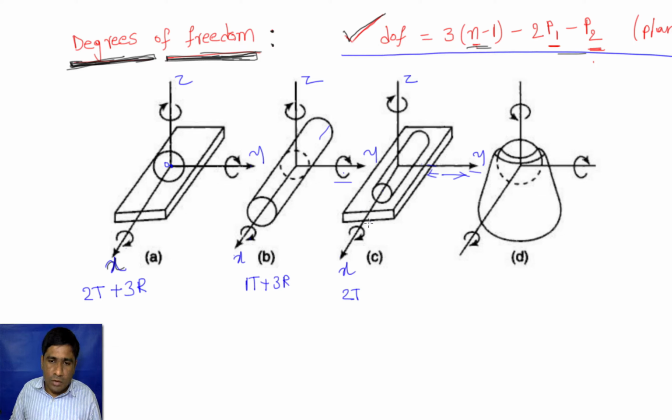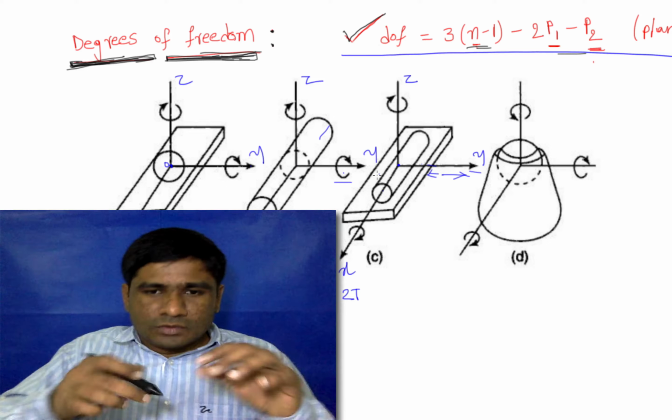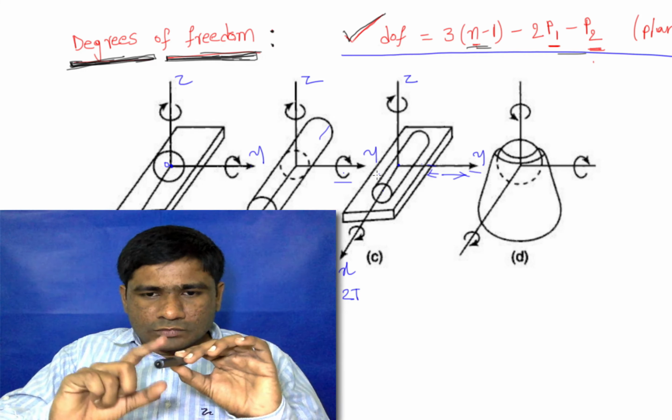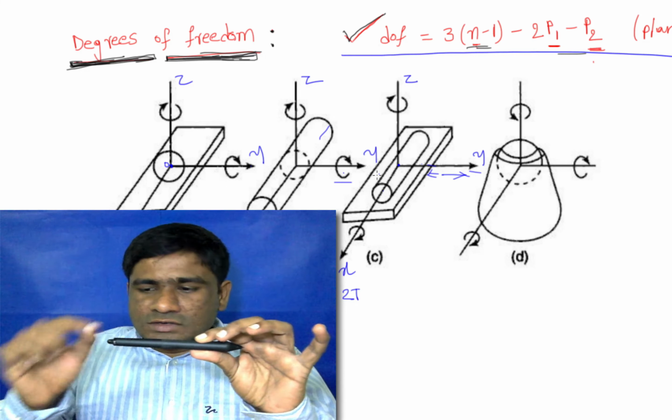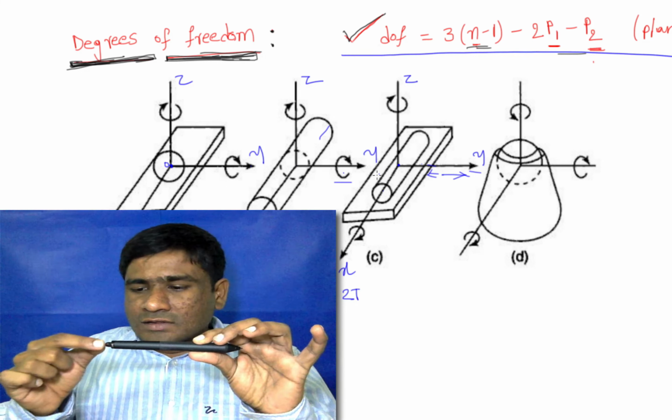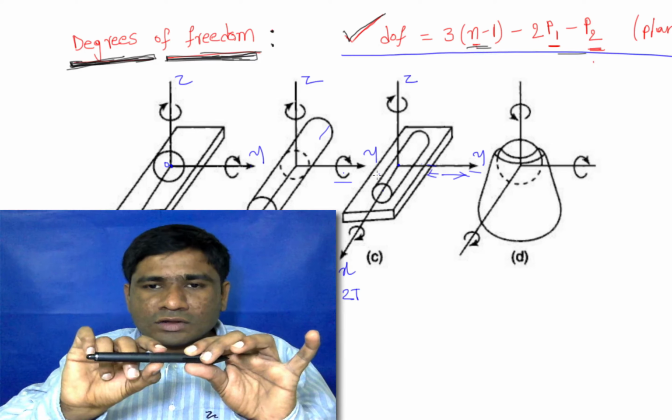And rotations. So it can rotate about x. If you consider this is the cylinder and this is the x-axis, it can rotate like this, and this is the y-axis. So about the y-axis, can it rotate?